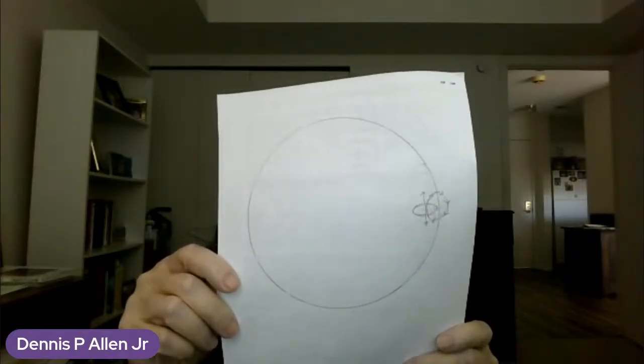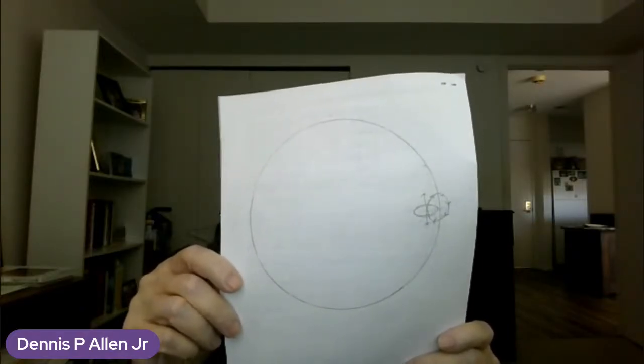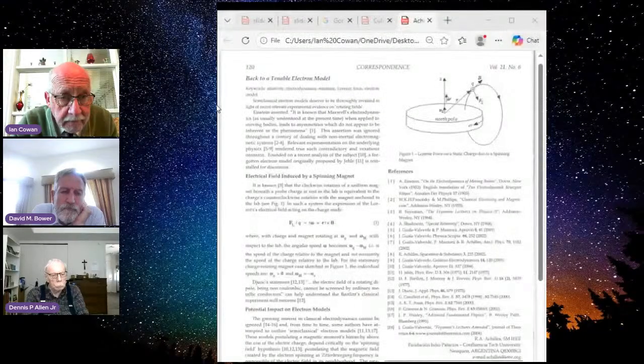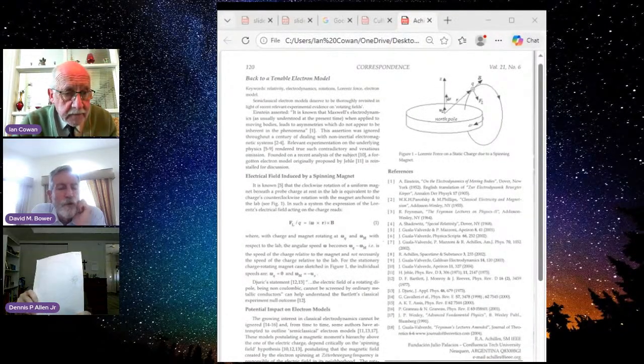Yeah, we see it, Dennis. What did you want to point out? How the spiraling down the wire generates the concentric circles of magnetic flux about the wire. Hold it up again.